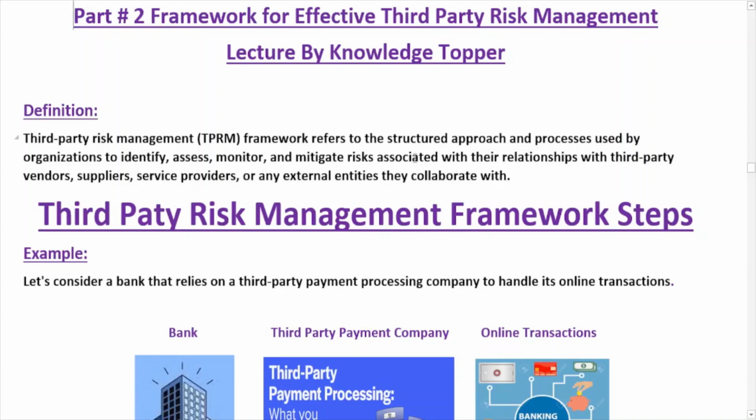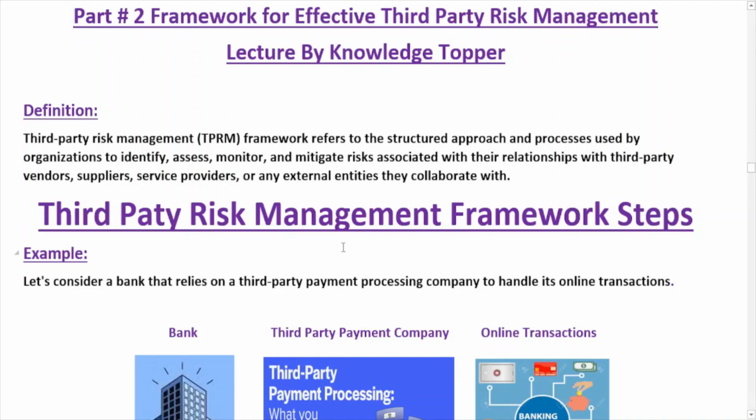I said it's a structured approach because we have to follow a process that involves our framework's general principles. The framework helps organizations understand the potential risk that may arise from these relationships, and implement strategies to manage and minimize those risks.